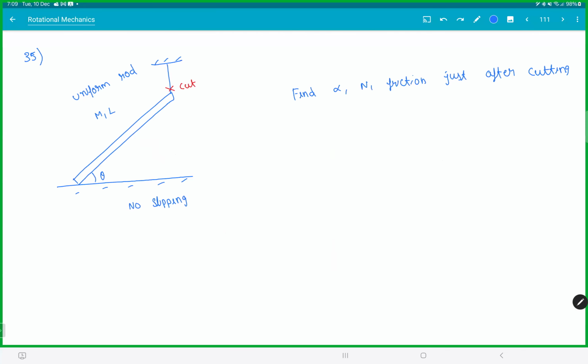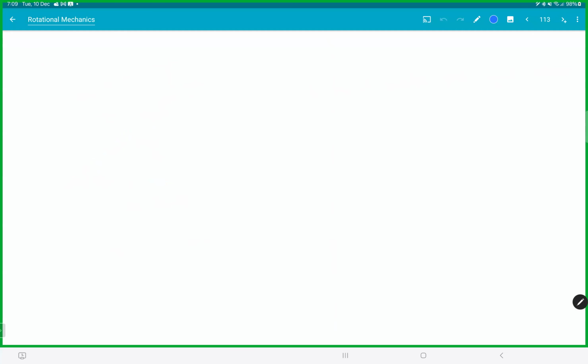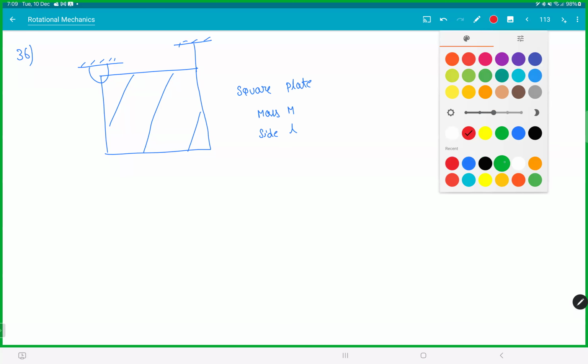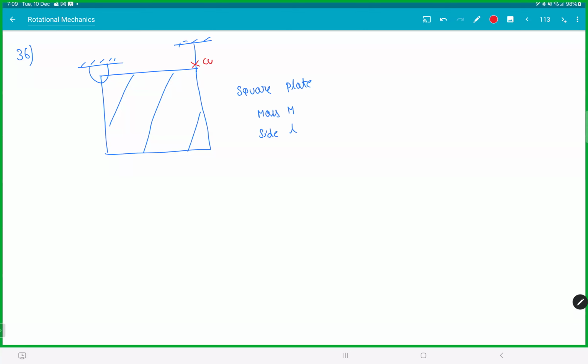Let's see the next one. Similar one. Let's see, if you have a square plate, square plate, mass M, side L. The string is cut here.